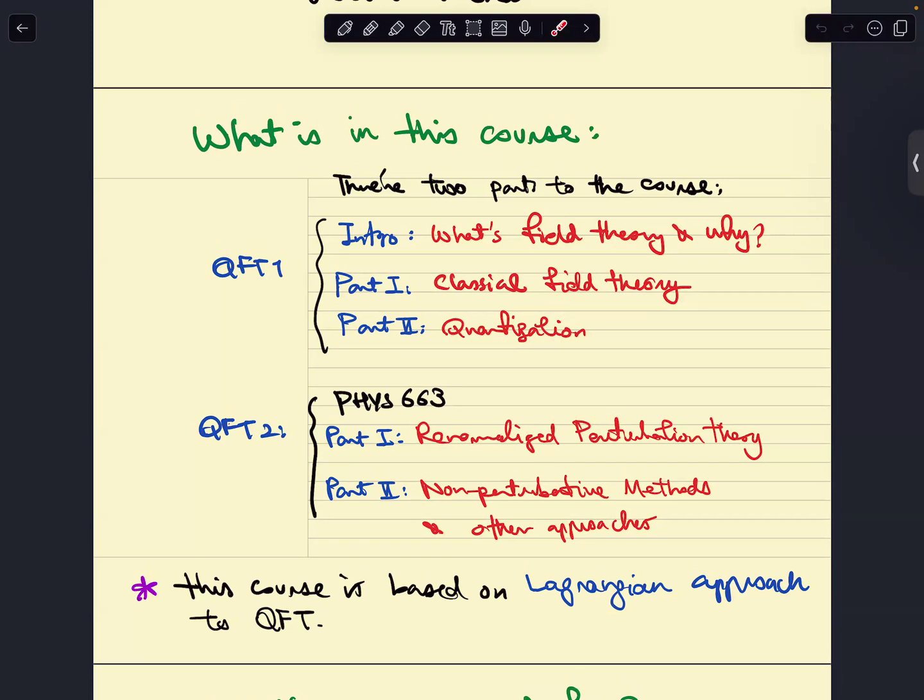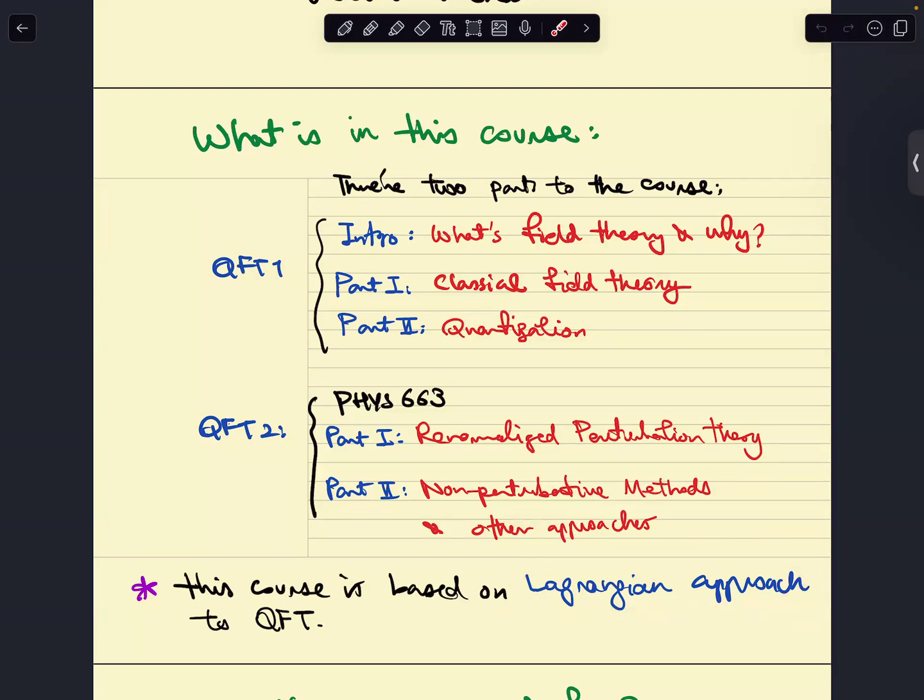Yes, by Lagrangian approach, you mean path integral approach or canonical quantization? I guess both. Yeah, both of them. Lagrangian, Hamiltonian, that's all sort of all the same.